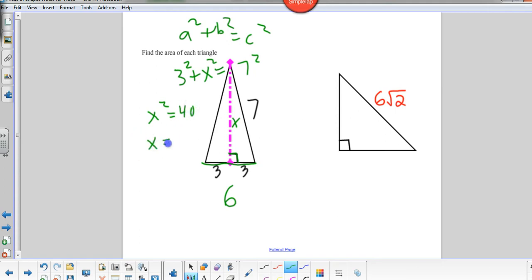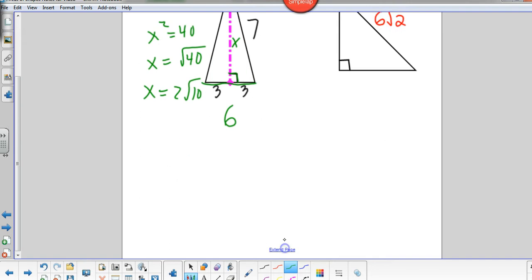So x is going to equal plus or minus root 40, which we know we're not going to use the negative one here, and then I simplify this to be 2 root 10. So 2 root 10 is now the height, so my area formula is going to be 1/2 base times height.